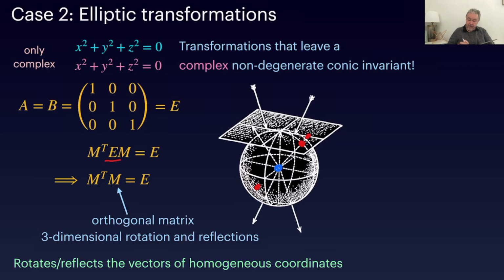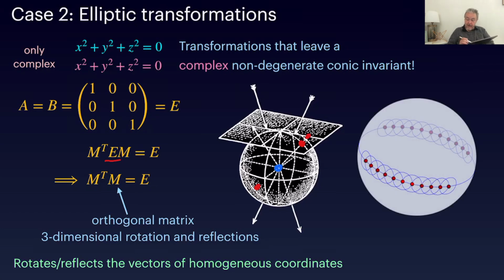I want to show you some picture here. Actually in that picture, lines in the standard embedding, lines in the projective plane, are transferred to great circles on the sphere, so equatorial circles, circles of full diameter on this sphere.